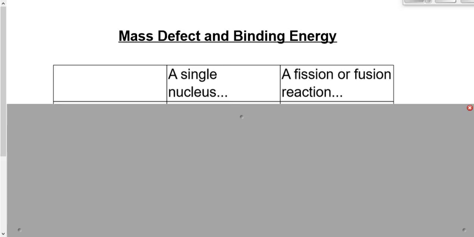The definitions are going to seem different, but they boil down to the same thing. In fact, it's because of the mass defect and binding energy in a single nucleus that results in the mass defect and binding energy in a reaction. So it's one that leads to the other, one definition leading to the other definition.